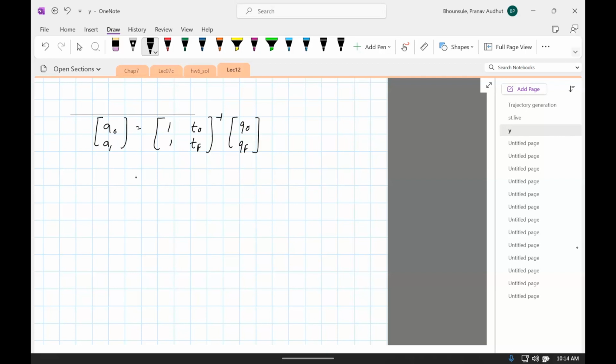If you invert this, what you get is the following.